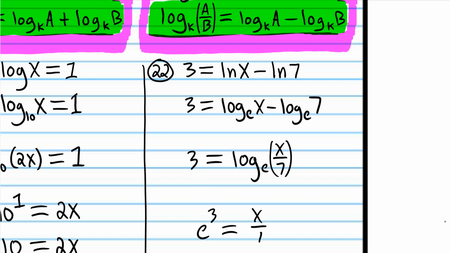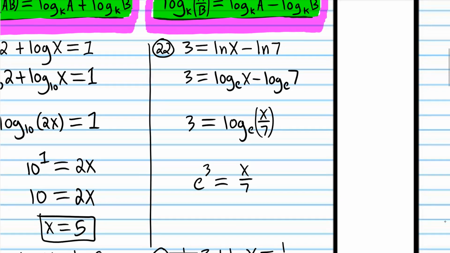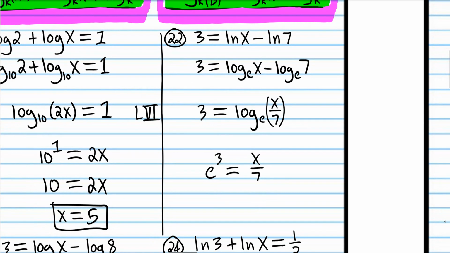And whatever's inside the log function, that goes on the other side. And by the way, that was logarithm property 6. So I'm going to write L Roman numeral 6. So then we're going to multiply both sides of the equation by 7, so we get x is equal to 7 times e to the third power.